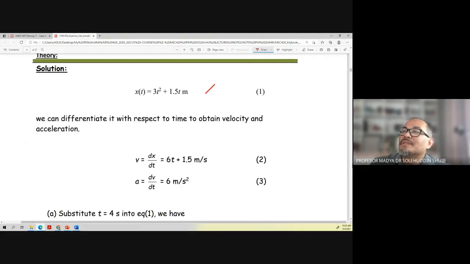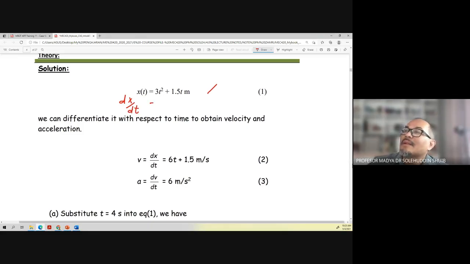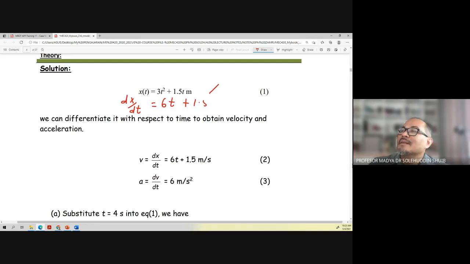So you differentiate with respect to time. So you differentiate dx/dt. Okay. So dx/dt you get 6t plus 1.5. This is very easy, almost straightforward. And then again you differentiate with respect to time.